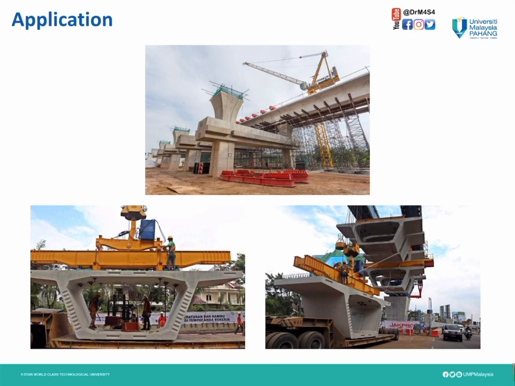Here is another application. As you can see here, this is a box girder. Therefore, it is important for us as engineers to find where the centroid is for this box girder. Also here you can see different shapes of structure combined with other structures. That means it becomes more complicated in real life.